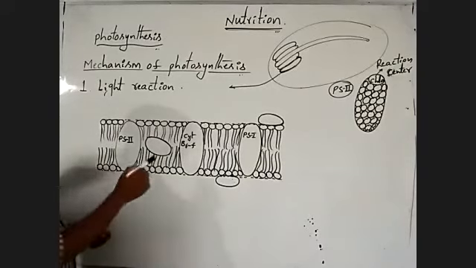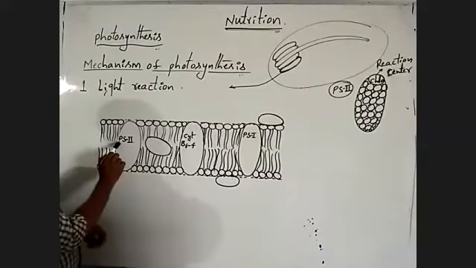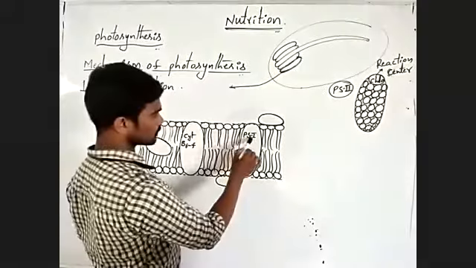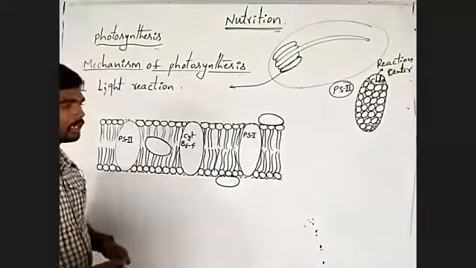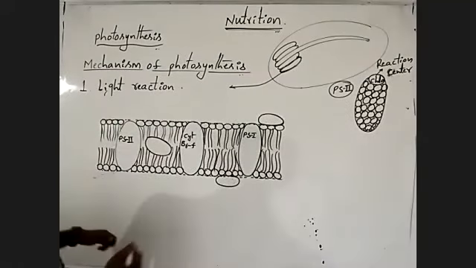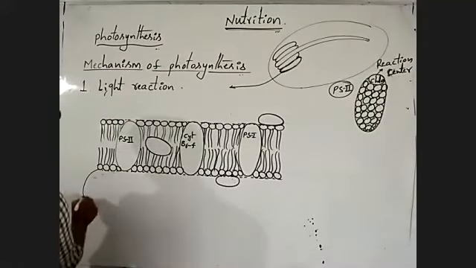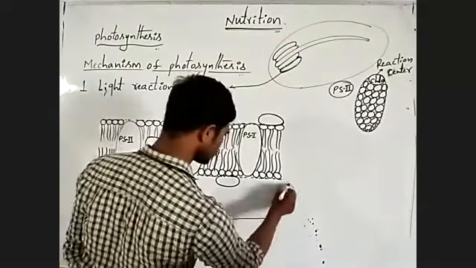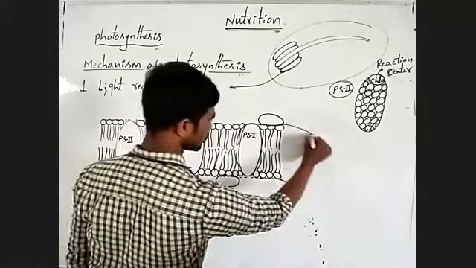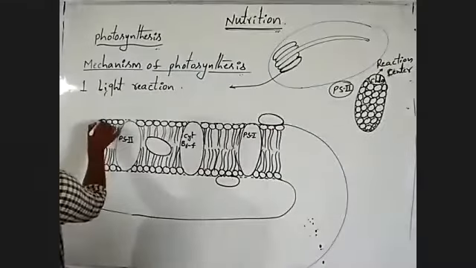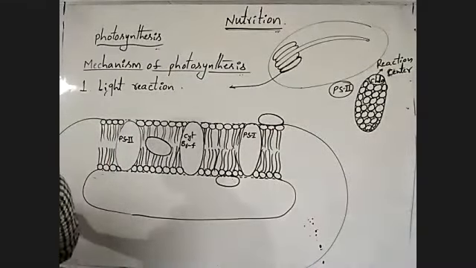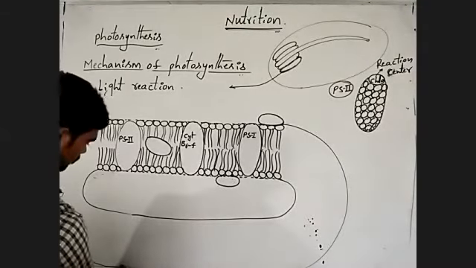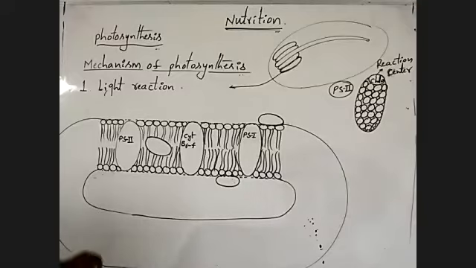Observe carefully. This is photosystem 2, and here photosystem 1. Now, what will happen? This is the membrane we already discussed in the last class, a continuous membrane like this.